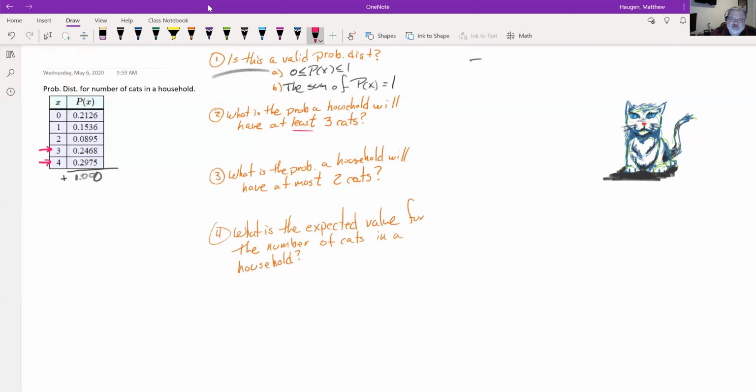Seems like a lot of cats to me. So if we want to know the probability of having at least 3 cats, that's the probability that you have 3 or 4 cats. What did we do with probabilities when we had an or?